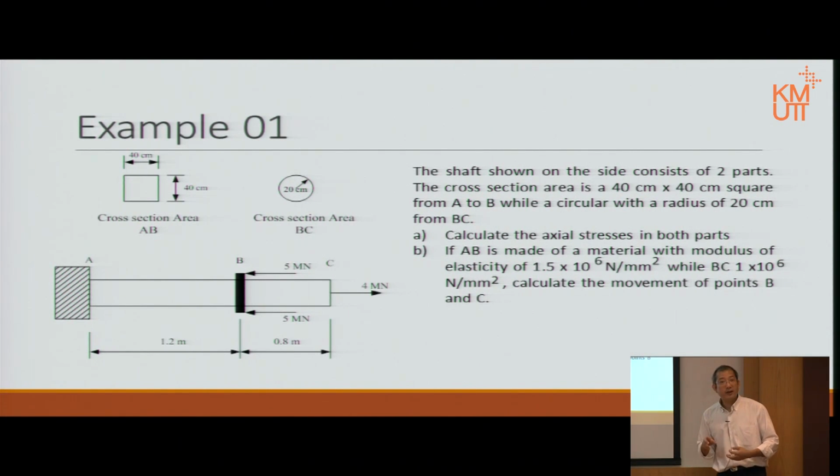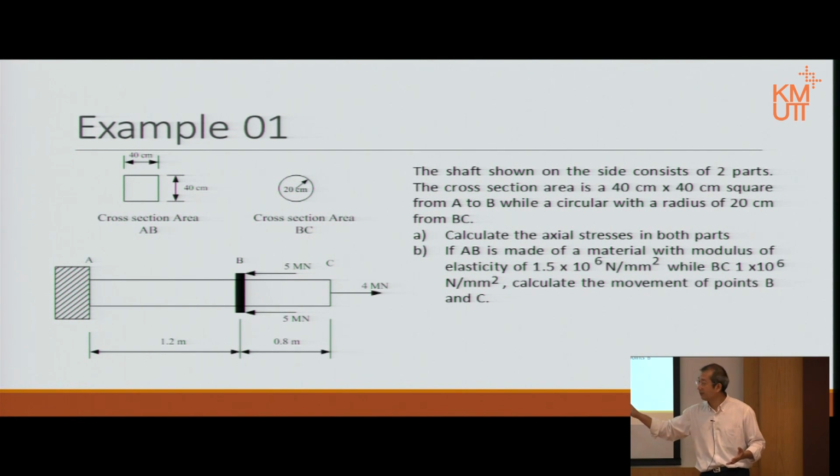There are three forces acting on this. There are 5 meganewton and 2.5 meganewtons, one acting at point B pushing it toward point A, and one at point C pushing it toward point B, and only one force at point C, 4 meganewton pulling it away from point A. A is fixed, right? A is supported by a fixed support, meaning it doesn't move.